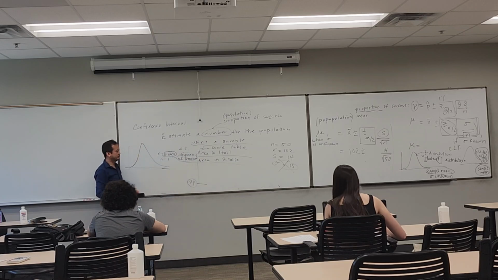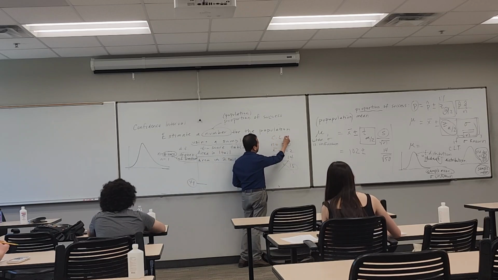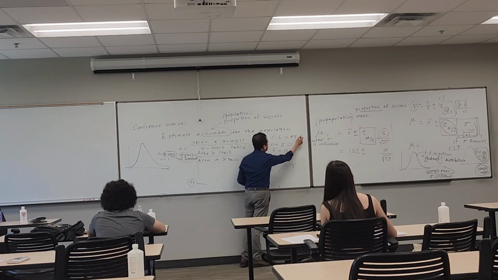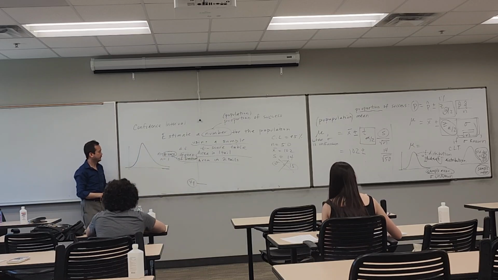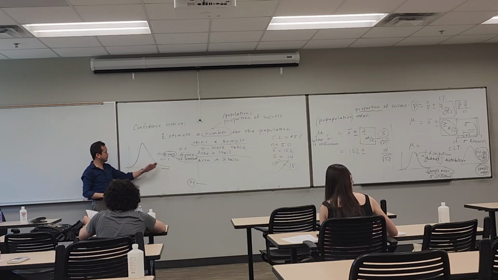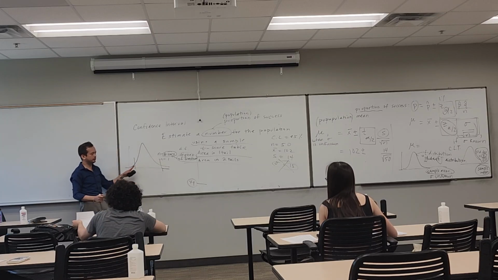So let's talk about what that means. The confidence level will be given, let's say it's 95%. So in the picture, what that corresponds to is this area that surrounds the mean will add up to 95%.